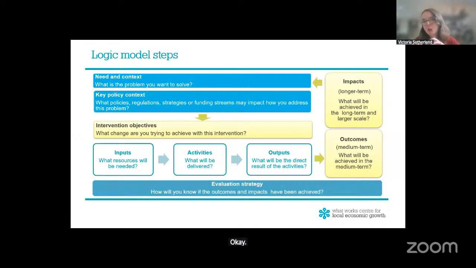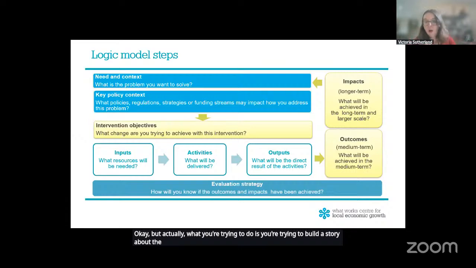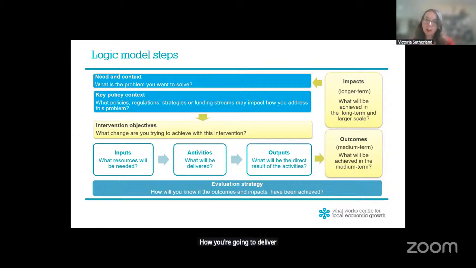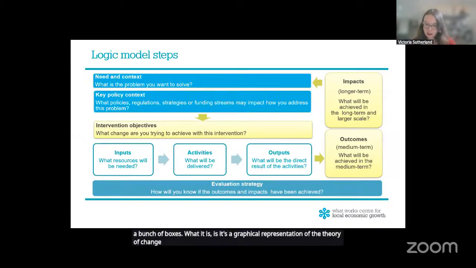But actually what you're trying to do is build a story about how you're going to deliver that change that your area needs, okay? So it's not just a bunch of boxes. It's a graphical representation of the theory of change that underpins your intervention.